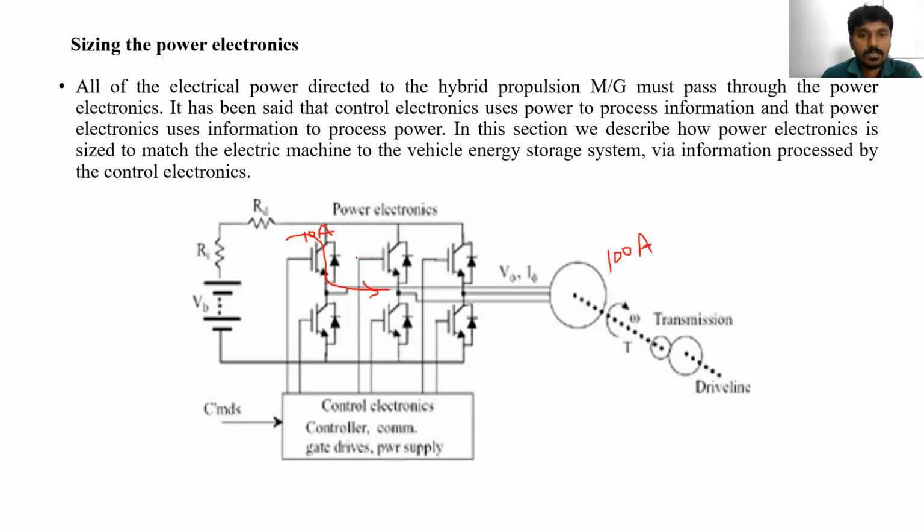Because if 100 amperes flows through this switch, it does not have the capability to handle that much current, as its capacity is only 10 amperes. So ultimately the switch is going to be burned or damaged.